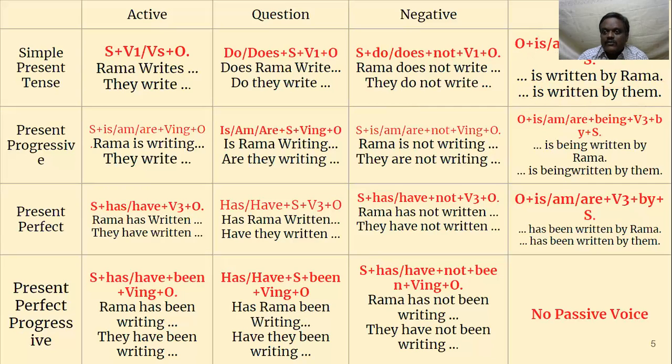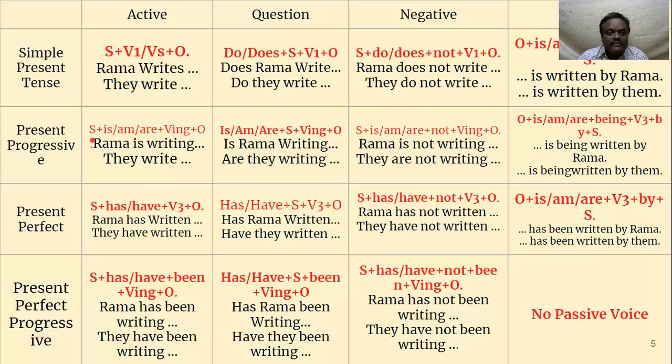In the same way, let us go to present progressive. In present progressive, what happens? Here, V1 V-s, but here we have to use the B form plus the verb-ing form. B form means once again is, am, are. In present tense, B forms are is, am, are. In past tense we have was, were, but in present tense we have only three B forms: is, am, are. Depending upon the subject, we have to use either is or am or are.